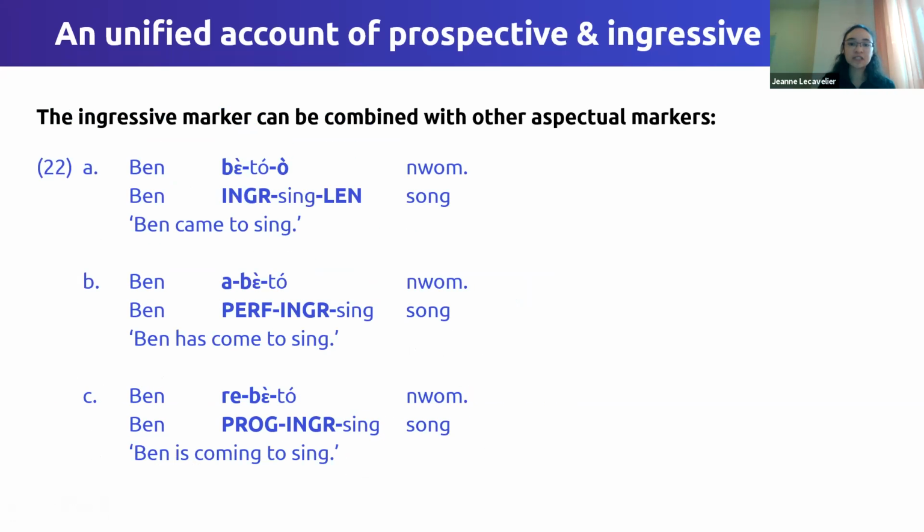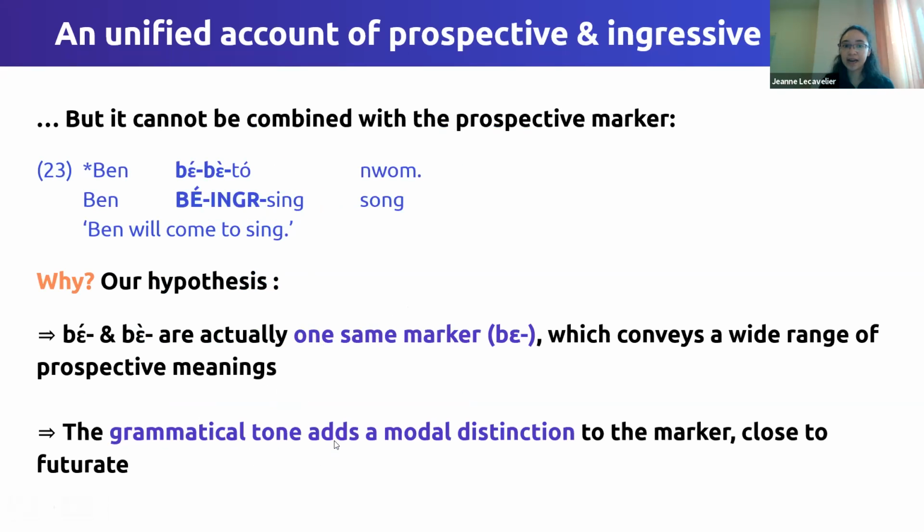What is interesting with the ingressive is that it's a marker that can be combined with other aspectual markers, such as the low tone and the lengthening on low tones. So "Ben came to sing", the perfect, "Ben has come to sing", and the progressive, "Ben is coming to sing". However, it cannot be combined with a prospective marker.